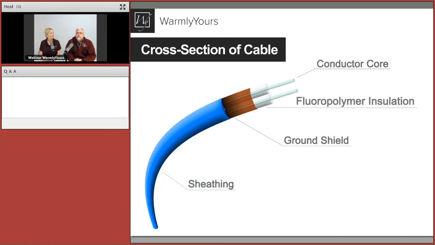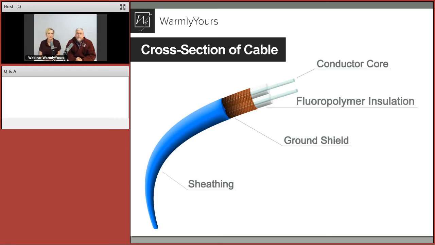All right, so let's break it down. That's in general the products, how they're installed, and the plans that come with it. Now we're going to get a little bit more detailed. We're going to look at the actual cable itself. This is a twin conductor wire. If you see the word twin, it means that there are two conductor cores very, very close together. It also means low EMF.